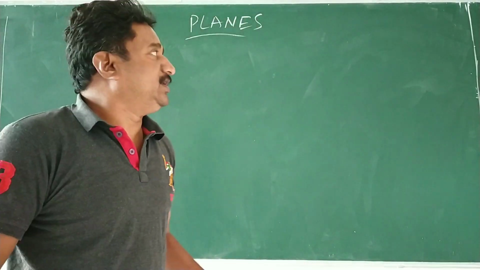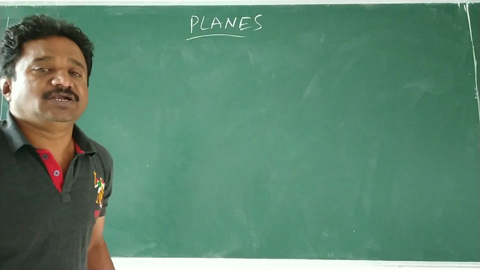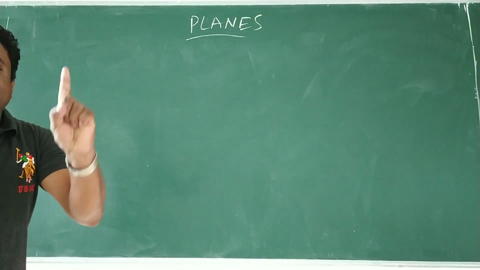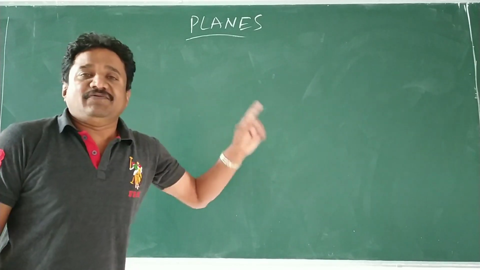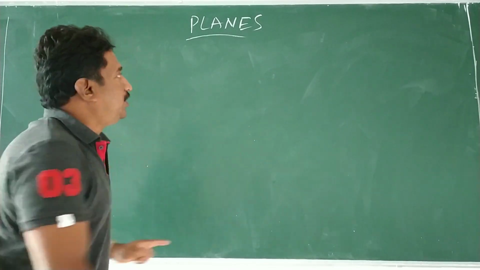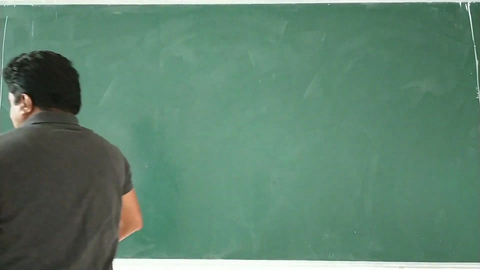Now let's go for deriving the first derivation, students. I am going to derive the first derivation of the equation of the plane, both in vector and Cartesian forms. Now I write the question.